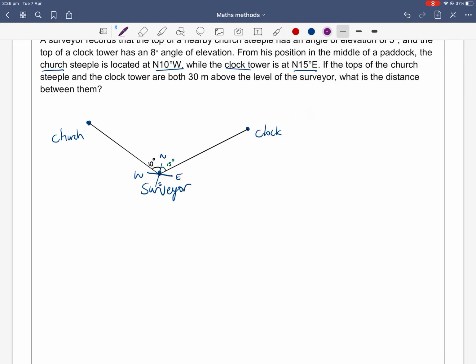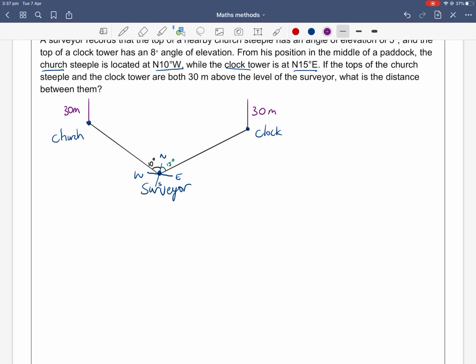Now, what makes this a bit more challenging is, let's change color again. Well, the clock and the church actually have a physical height. So we're now told that the clock tower is 30 meters tall and the church is also 30 meters tall.